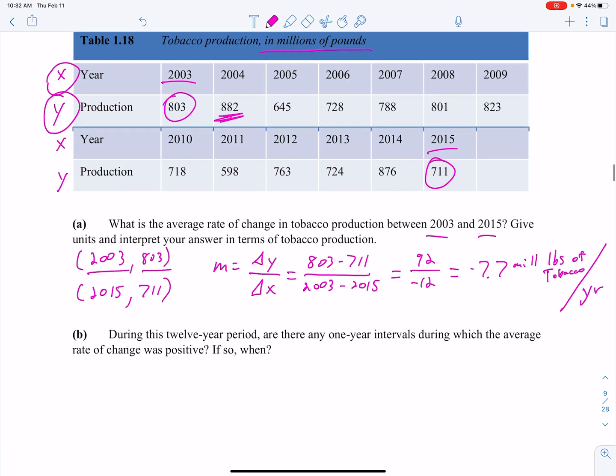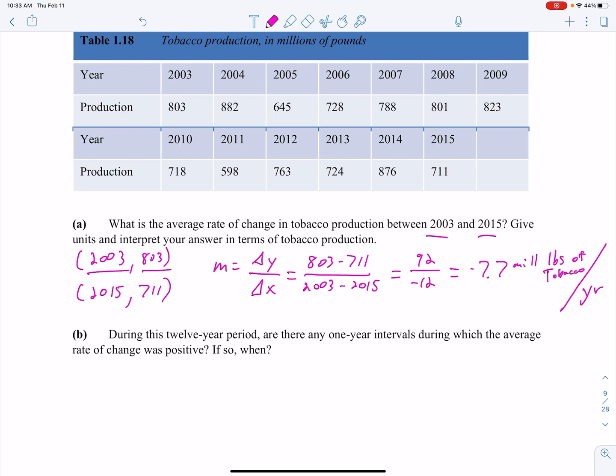All right, let me clean this up a bit. Okay. Part B, during this 12-year period, so of course all over the data they gave you here, are there any 1-year intervals in which the average rate of change was positive, right? So it kind of looks like a pain. It's like, oh wow, we have to calculate all these slopes between every year, but you really don't, right?